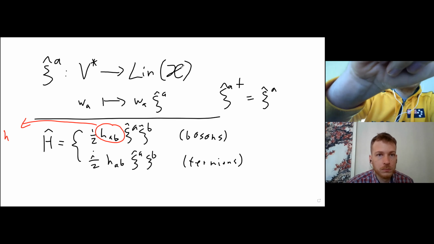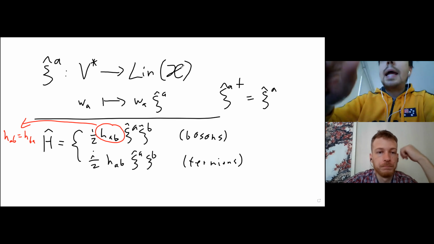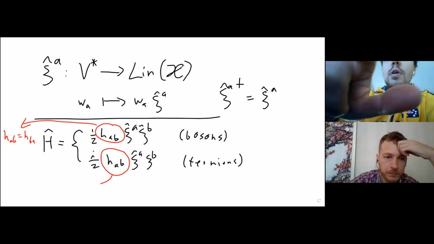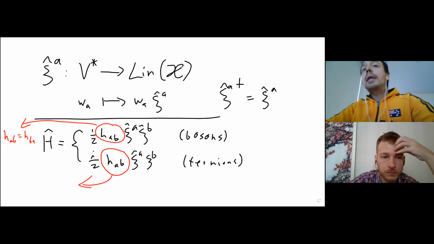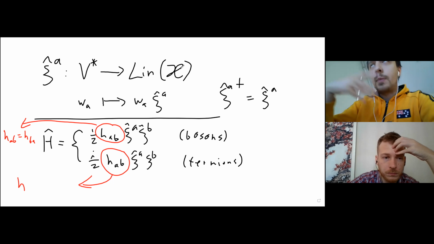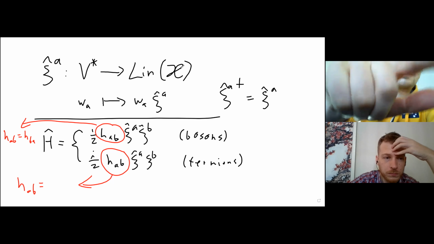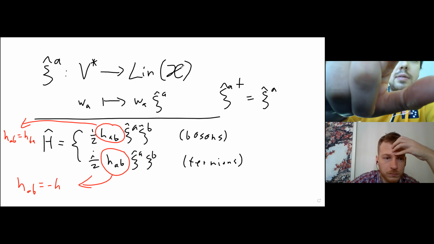So we assume here H_AB is equal to H_BA. In a similar way for fermions, one can show that only the antisymmetric part matters, so without loss of generality, apart from just doing a total shift of the energy, we assume that this is antisymmetric.